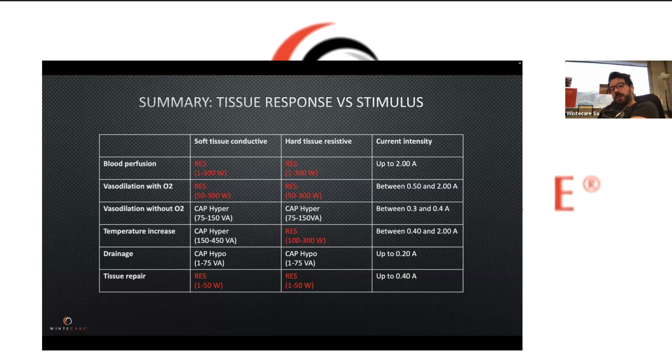Normally, the threshold is below 0.5 ampere in resistive, no thermal. Above 0.5, thermal reaction. In capacitive, the threshold is 0.3. Okay, so above 0.3 thermal, below no thermal. I hope this is clear, guys, because this is really one of the most important aspects.